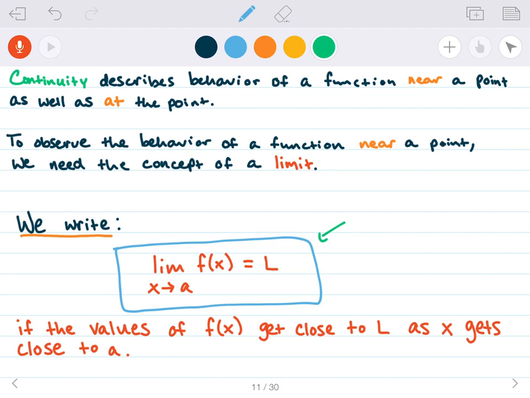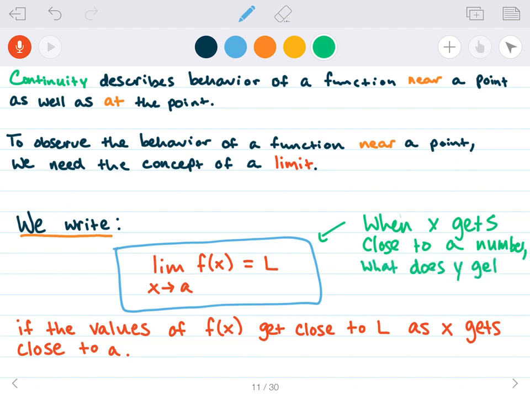We want to answer the question: when x gets close to a number, what does y get close to? That's what this limit business is all about.